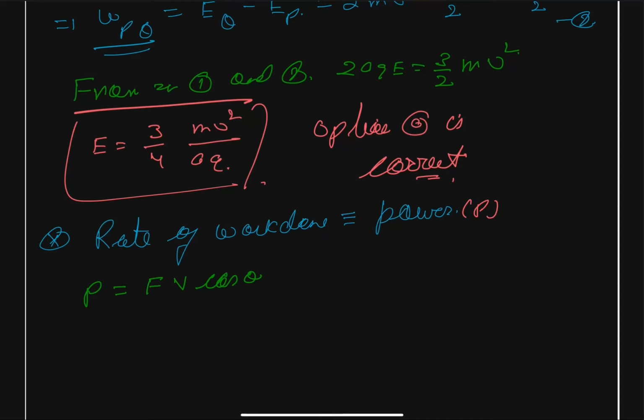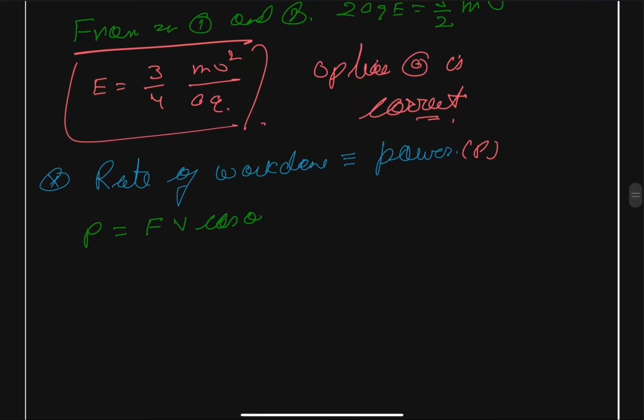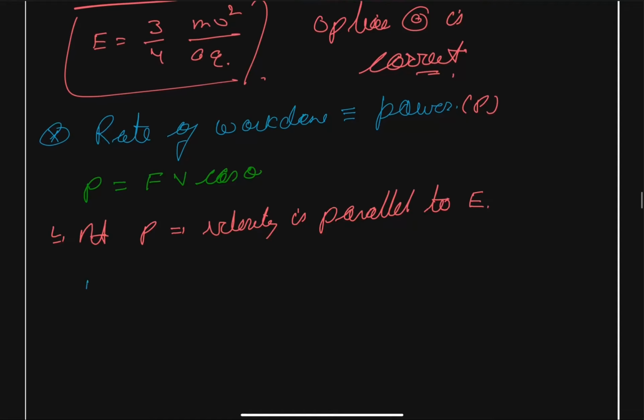So let me write it: at P, velocity is parallel to the electric field, that is our E. Therefore we can write that the power supplied by the electric field will be equal to QE times V.